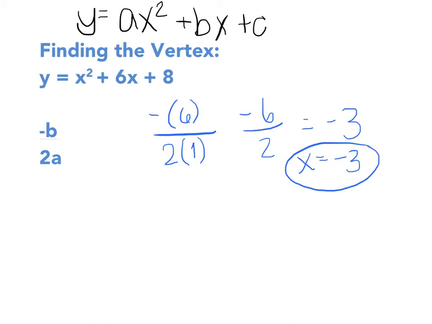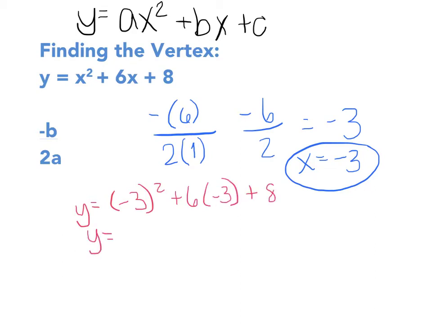Now we have our x, we need to find our y. So this is where we're going to take that x equals negative 3 and plug it into our function to find the y coordinate. So we have y equals negative 3 squared plus 6 times negative 3 plus 8.